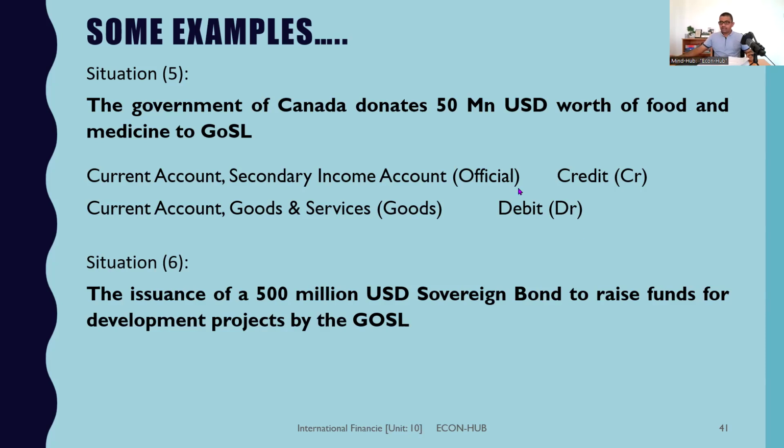Some of you are saying financial derivatives, right? Financial derivatives, once we issue securities to protect ourselves against the risk, we will go for financial derivatives. So the security itself, the bond itself, is it financial derivatives?